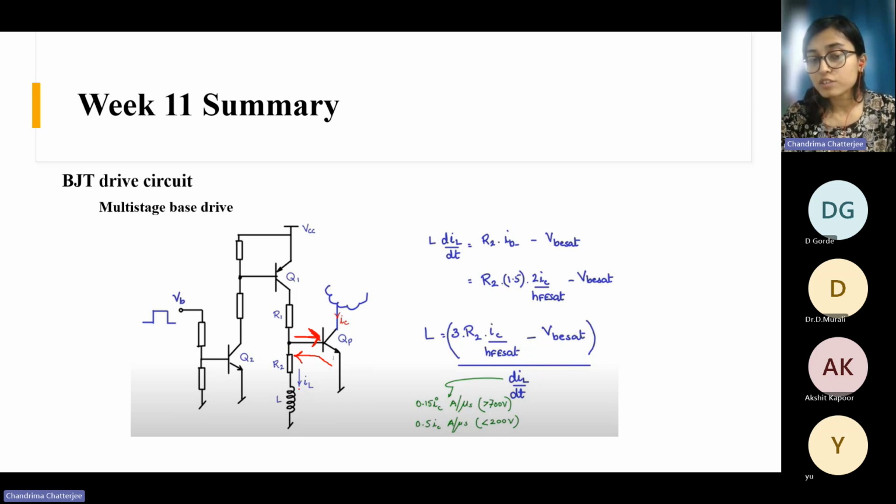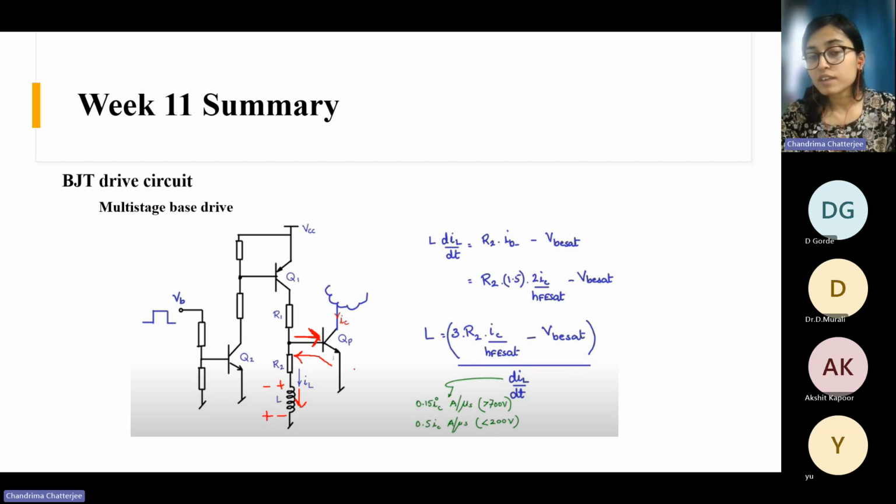Some amount of current was flowing through the inductor when it was on, so it will try to maintain the same current and the voltage across the inductor will reverse. If earlier it was plus and minus, it will reverse now because you have withdrawn the base current, right?